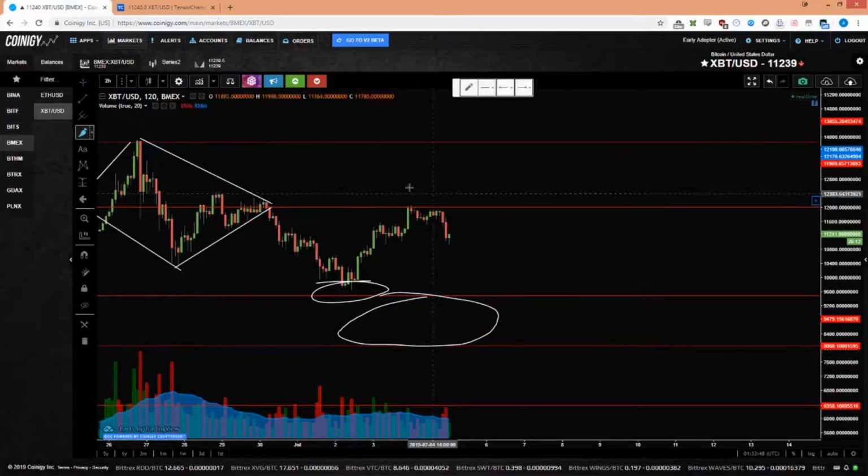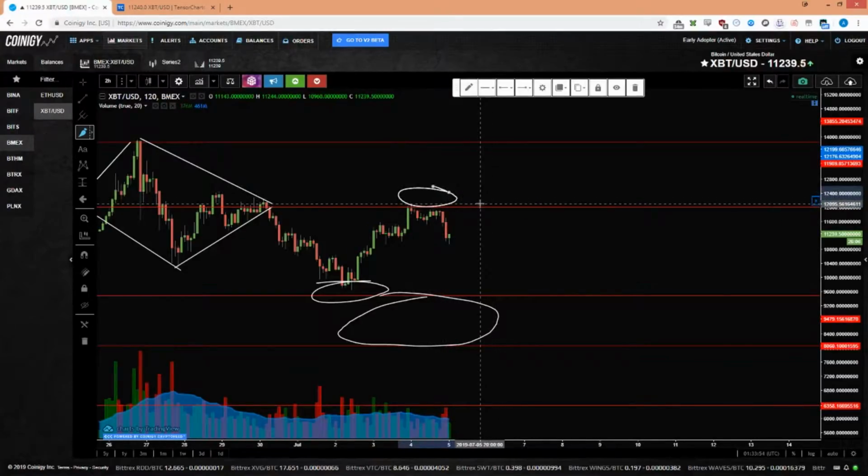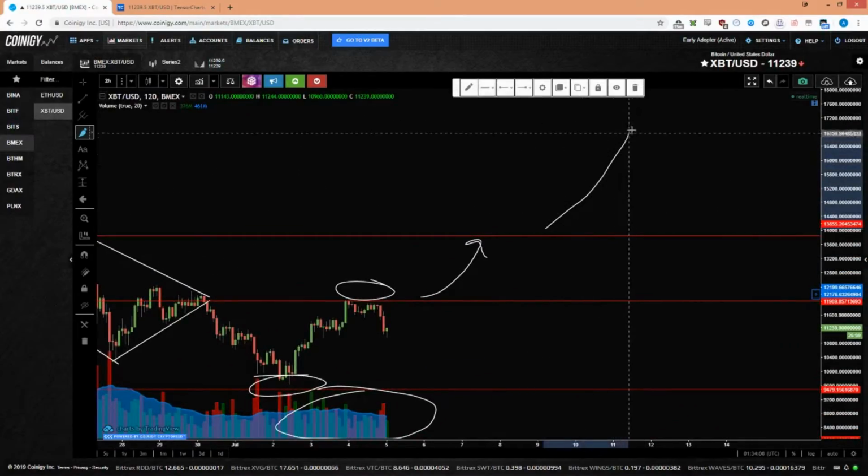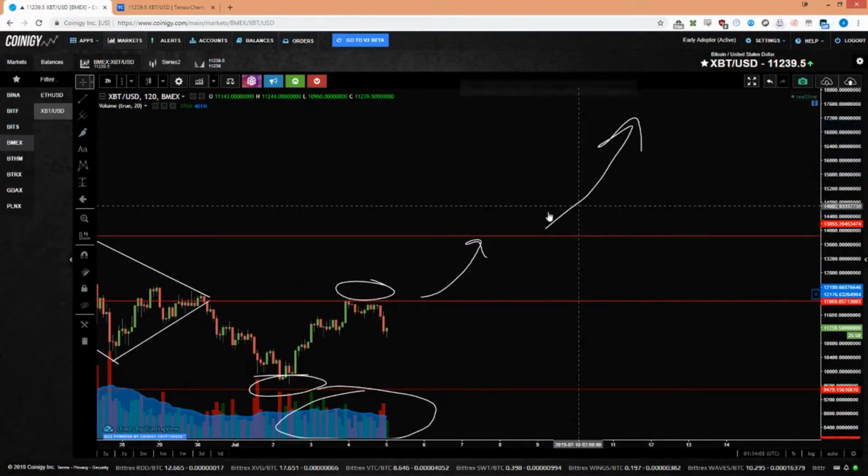So that's why I think if we were to close above this line, we would probably very quickly go up here, and then if we're going back to 14k, we're going back higher.